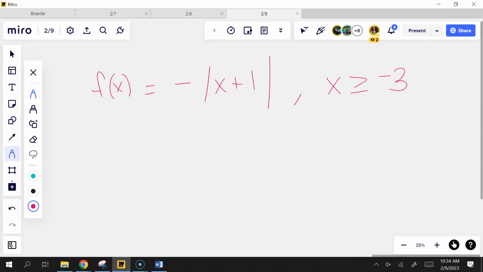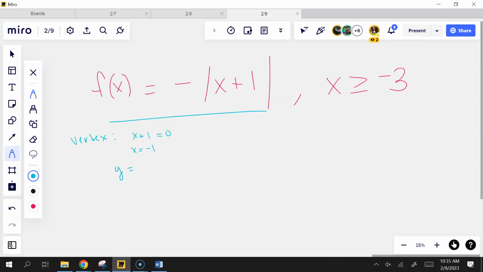All right, we'll walk through this one together. I'll do this two different ways for you, depending on whichever way you prefer. First thing I'm going to do is find the vertex. What is the vertex of this? How do you find the vertex? Take what's in the parenthesis, in the absolute value, set it equal to 0. -1, right? How do I find the y part of that vertex?